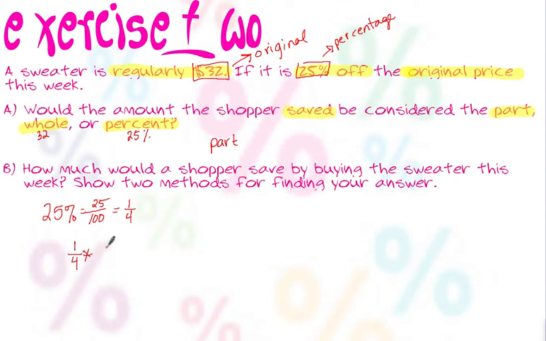So I'm going to take 32 and multiply it by that 1/4. So what this gives me is 32 over 4, which I know is 8. Now, this is not my new price. Up here we said what they saved is considered the part. So this is what they saved. So it's $8 saved.